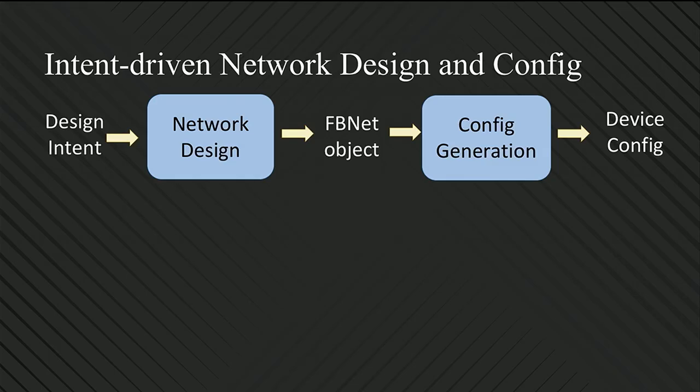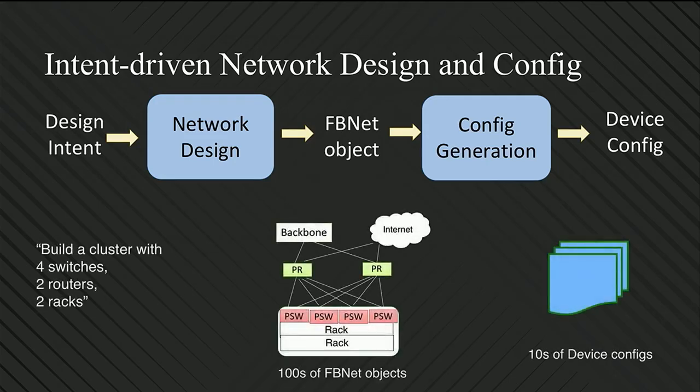Network design translates high-level human-expressed design intent into concrete AppNet objects. Then config generation generates device configs based on these AppNet objects. For example, a design intent could be build a cluster with 4 switches, 2 routers, and 2 racks. And then they are translated into hundreds of AppNet objects, which are then translated into tens of device configs.